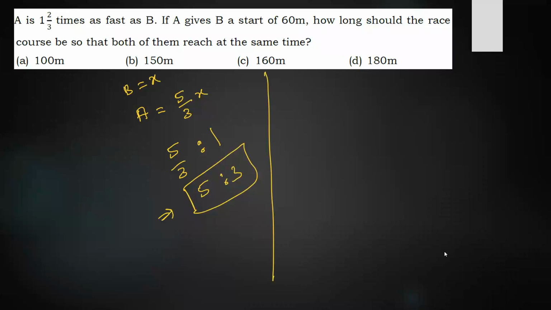So A runs 5/3 times x. If you take B as x, here A is 5/3 x. The ratio is nothing but 5/3 is to 1. Multiply throughout by 3, you will get 5:3. This is the ratio for A and B.